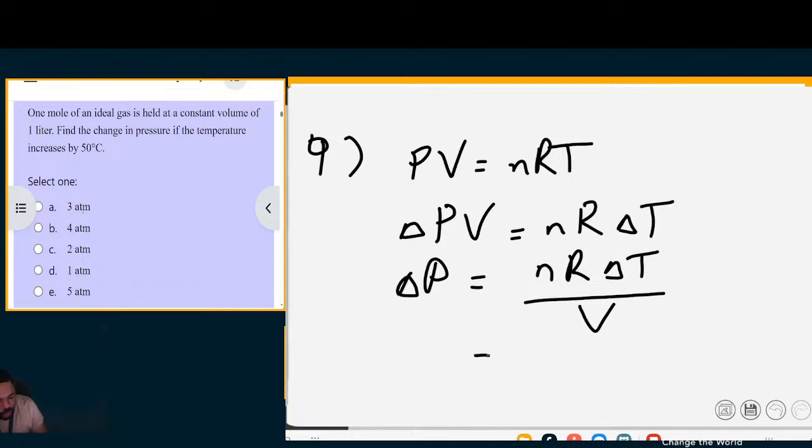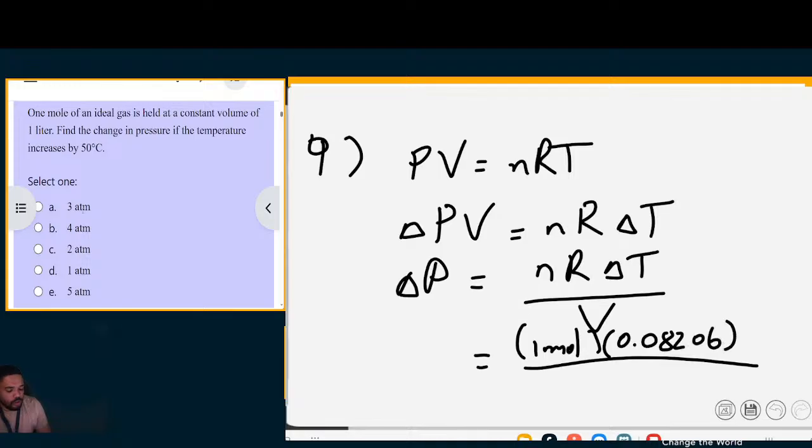Now, if we substitute everything we know so far to get the change in pressure, we have 1 mole of the substance. The gas constant is 0.08206. I'm using the second one we used earlier on because it's in atmospheres. And the last one, we want 50 kelvins.